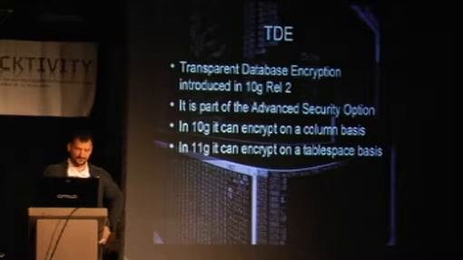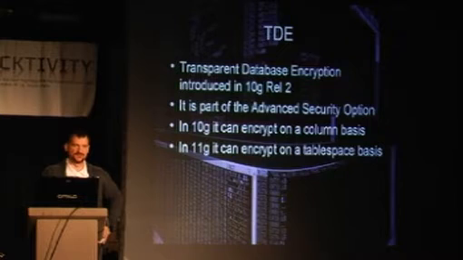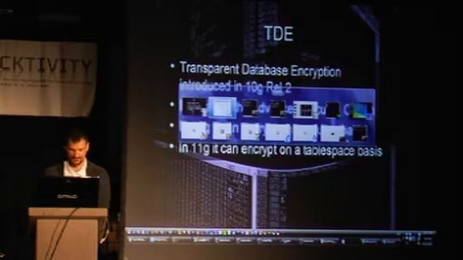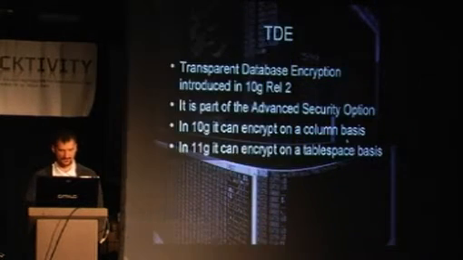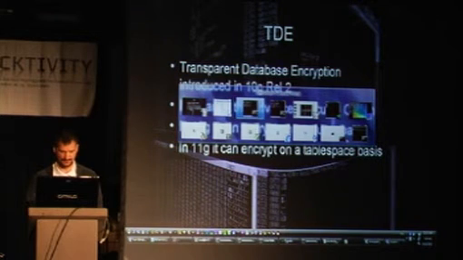In 11G, the whole thing works on a tablespace basis, which means that the tablespace will be the file that appears in the file system. And when I create a table, then I can say which tablespace it should be in. If it is an encrypted tablespace, then the table data will be encrypted. The database is up again, so back to the demo.